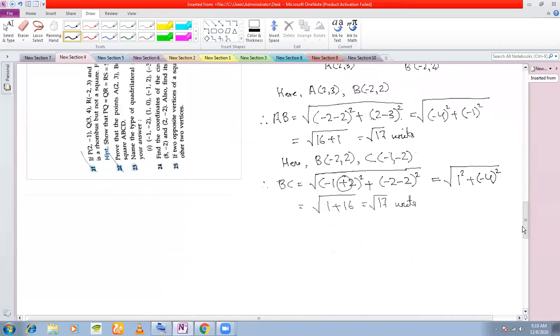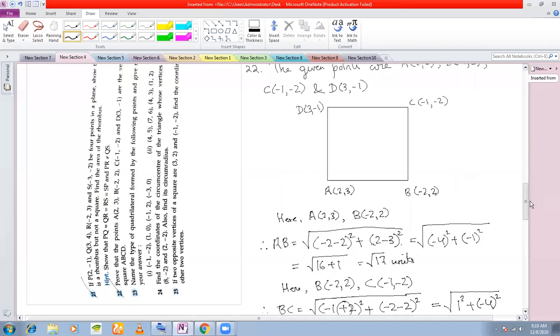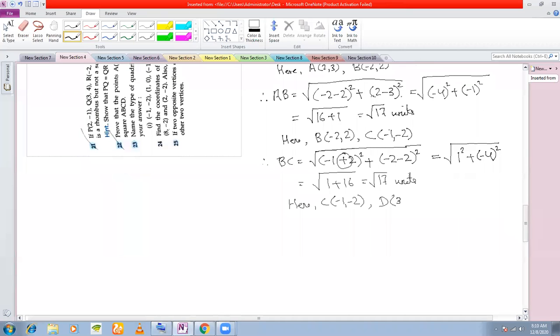And CD, C and D. Coordinates of D is (3, -1). CD is root over of 3, again minus of minus 1 will give you a plus 1.